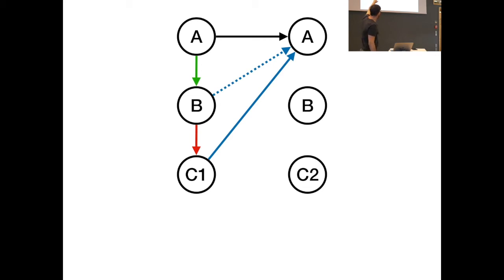I could go from A to B, C1, and again to A. But I would need a function from B to C1. What this means, basically, is that I need to be able to explore the type B. B contains C1. I need to be able to go inside B in some way and extract the C1. Either this or something like this.